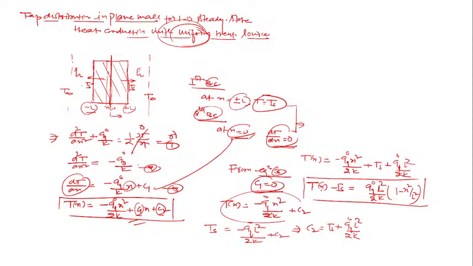So how the temperature is going to vary with x, Ts plus, and this is the parabolic equation. If you draw this type of profile, you get an equal mirror image on the left and right. Whatever is in the left, the same is in the right. It means an equal rate of heat is transferring on the left and right. Clear?